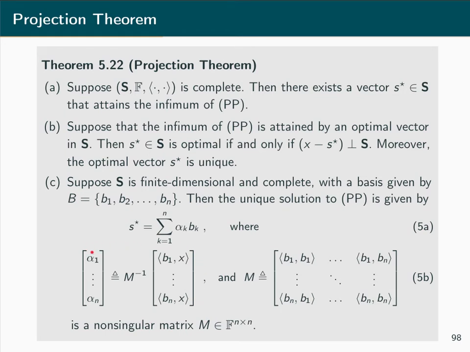So we stack up the scalars alpha 1 through alpha n in a vector, and they are determined by inverting a matrix and multiplying it with a vector that consists of inner products of the basis vectors with x, and the matrix itself is determined by some inner products of the basis vectors.